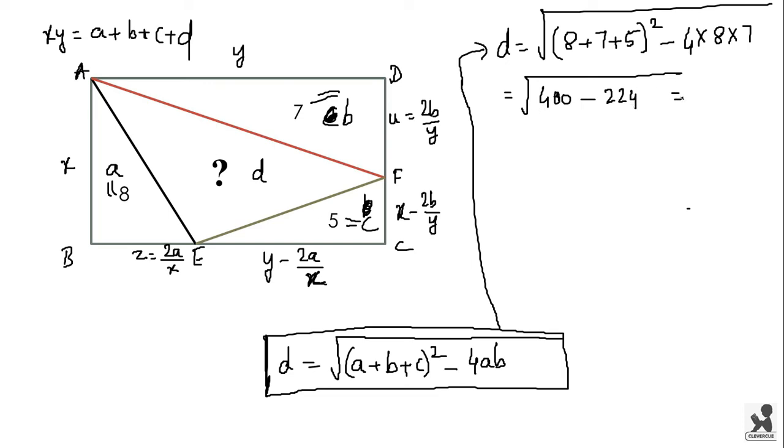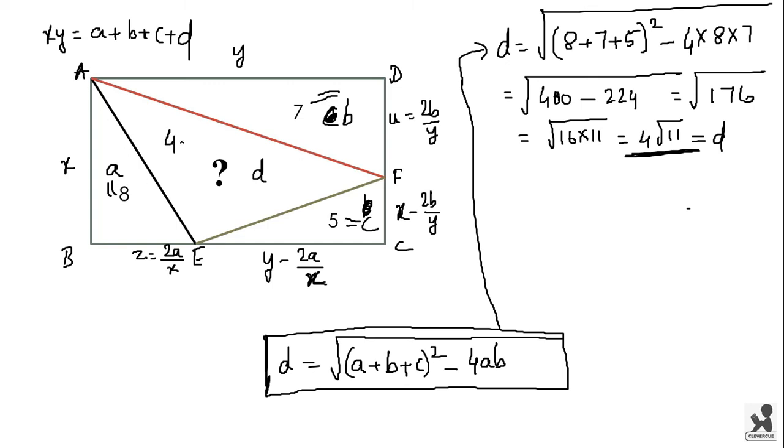Now if we subtract this, we get under root 176. Under root 176 can be written as 16 into 11. So finally we get the answer as 4 root 11. So the value of d, that is the area of triangle AEF, is 4 root 11.